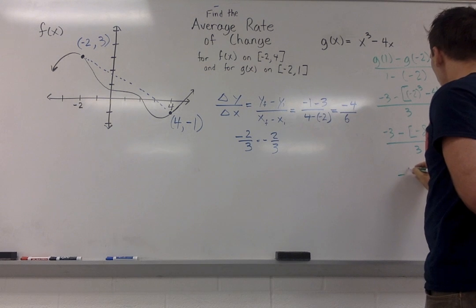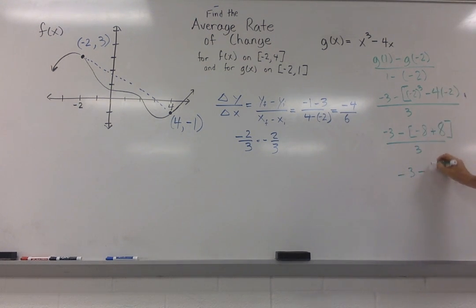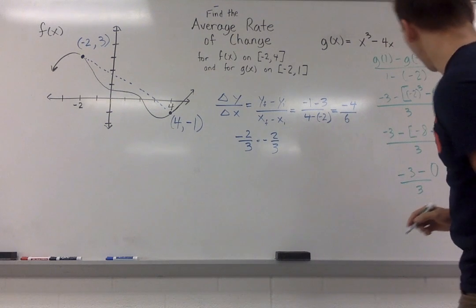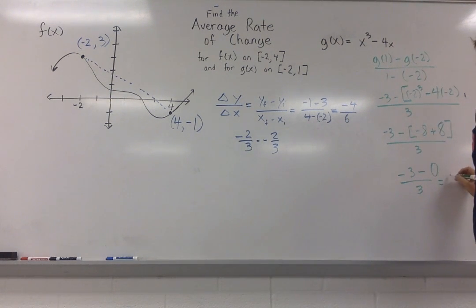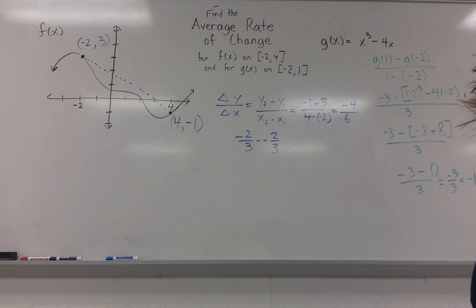So I get negative 3 minus a negative 8 plus a positive 8 is just going to be a 0 over 3, which means that my very final answer for this, negative 3 over 3, reduces to just negative 1. And if you want to Desmos that, does that even show up? Oh, just barely. If you want to Desmos that and prove it, make sure that it works, you're welcome to.